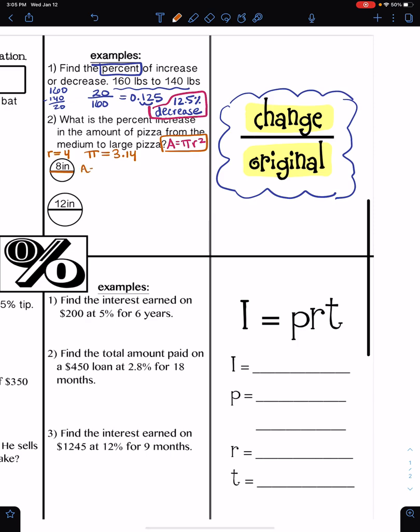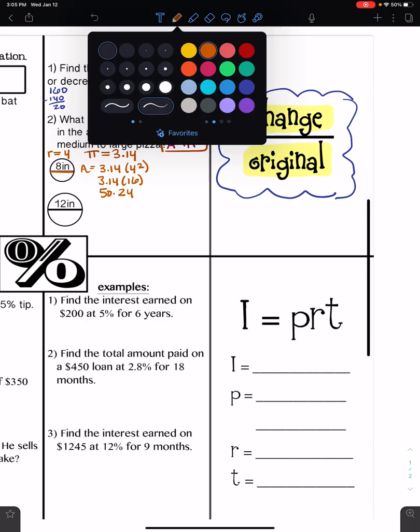So the area equals pi times the radius squared, or pi times 16. 4 times 4 is 16. So in my calculator, I'm going to do 3.14 times 16, and I get 50.24. That's for the medium pizza.